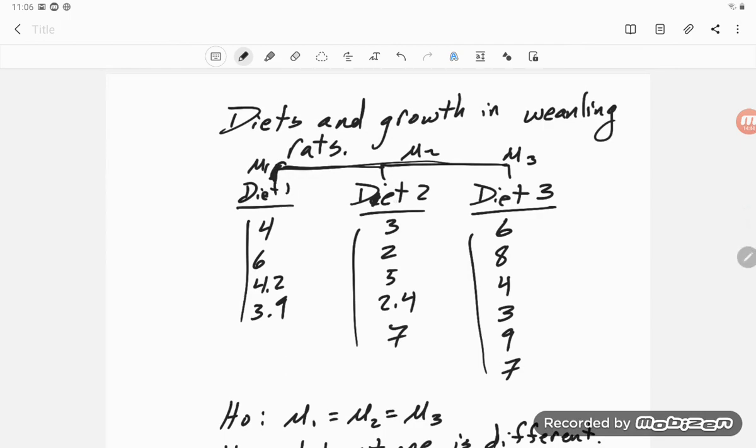Could I use the diet to predict the growth? Now, more likely, you would like to say, does the diet cause the growth? But generally speaking, I haven't told you enough information to know if we could get any kind of causation here. But we could certainly at least determine dependency.